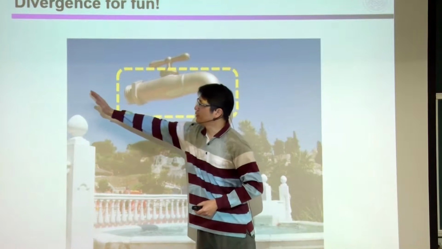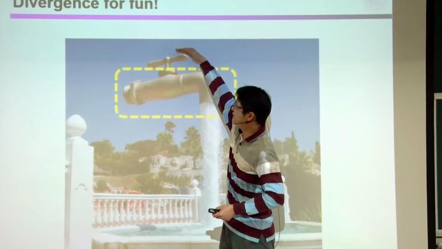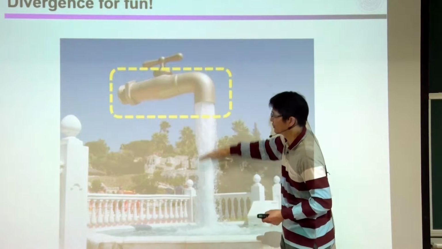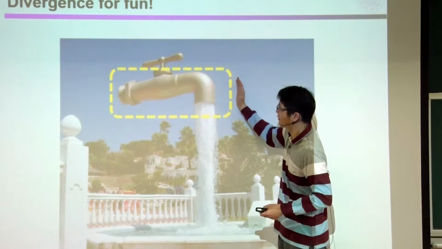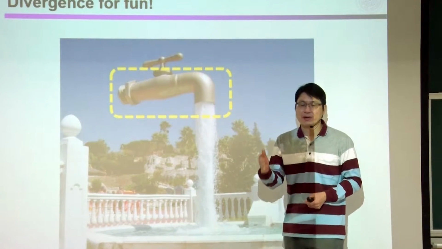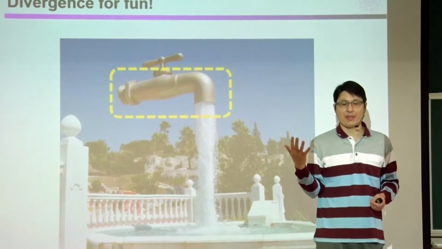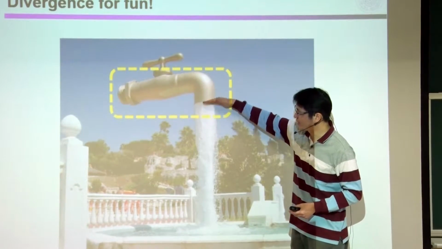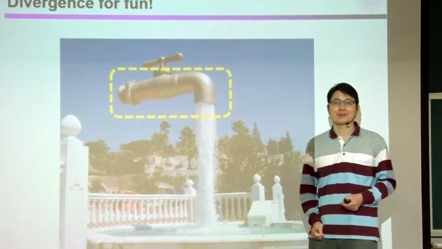From this side, no water coming in. This side, no water coming in. The back side, none either. So there are five sides without water coming in or out, but only one side has water coming out.